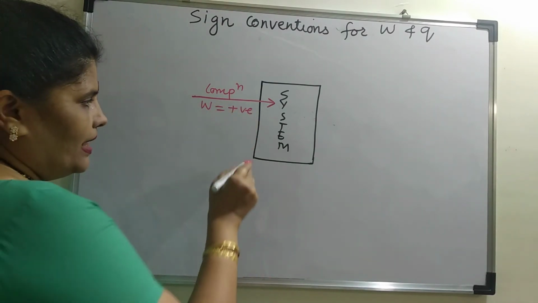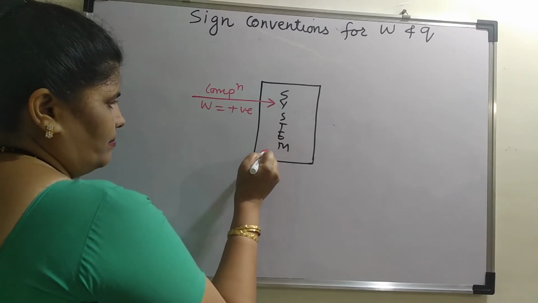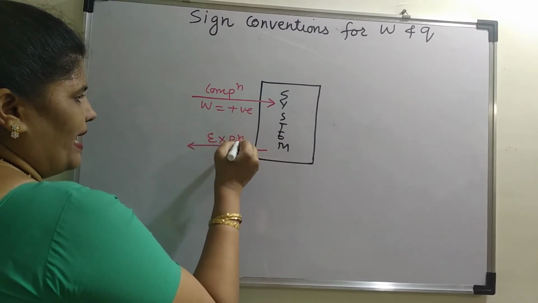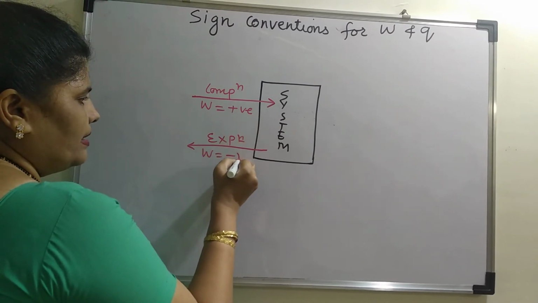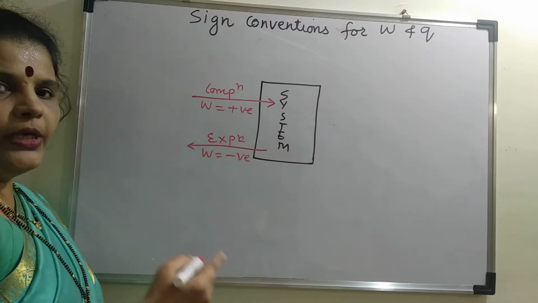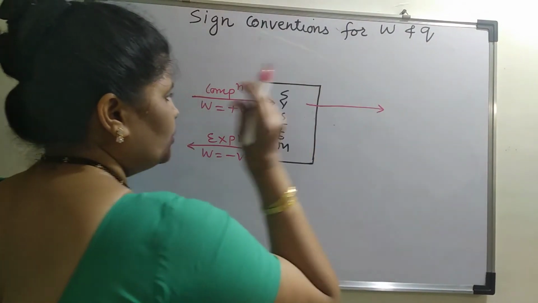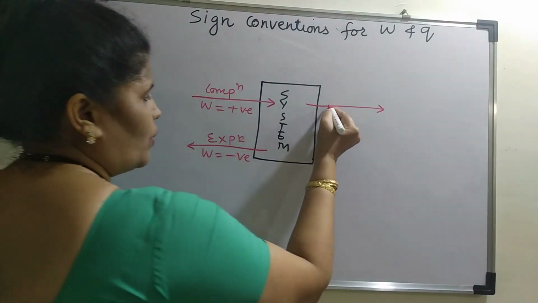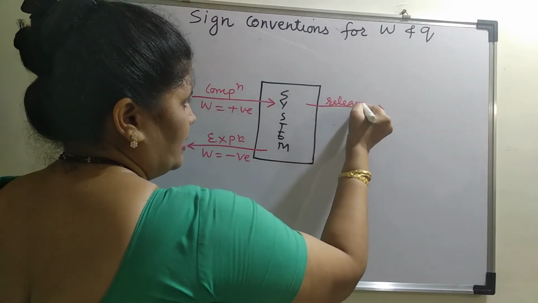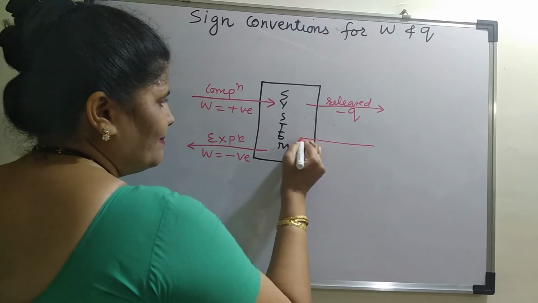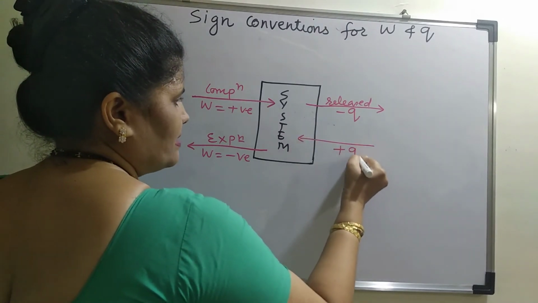If the work is done by the system on the surrounding, then it is work due to expansion, and W will be negative. Let us come to heat now. If the system releases energy to the surrounding, if the heat is released, then it will be minus Q. And if it is absorbed, then it will be plus Q.